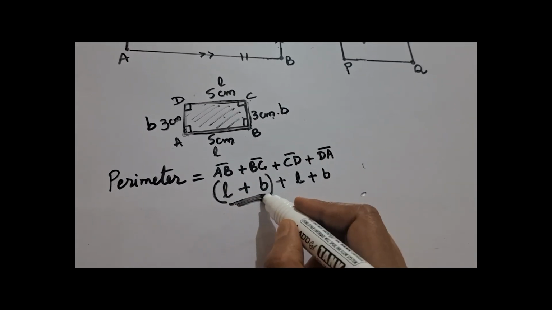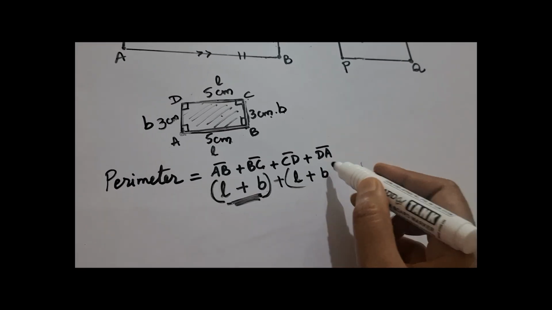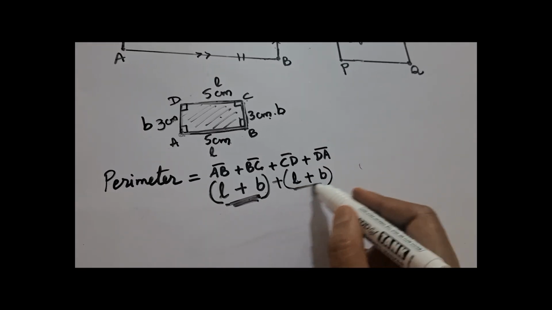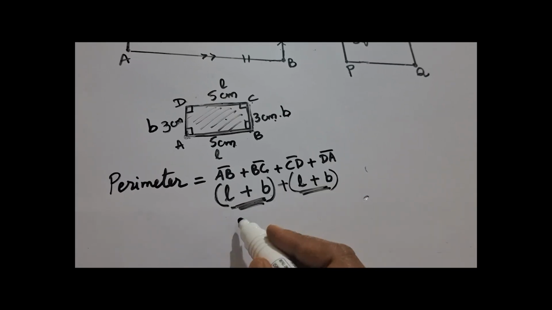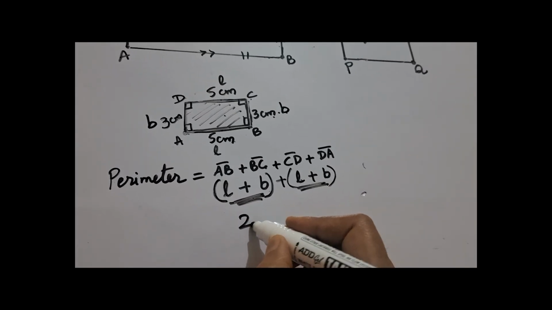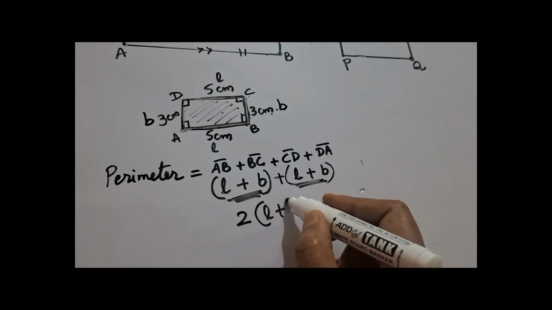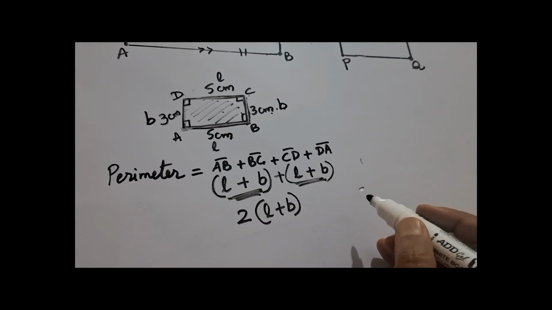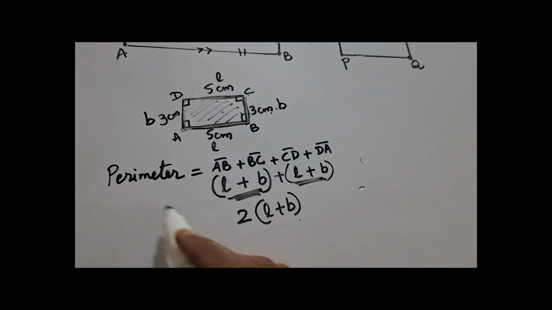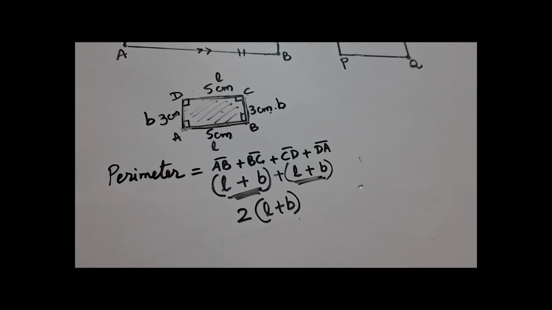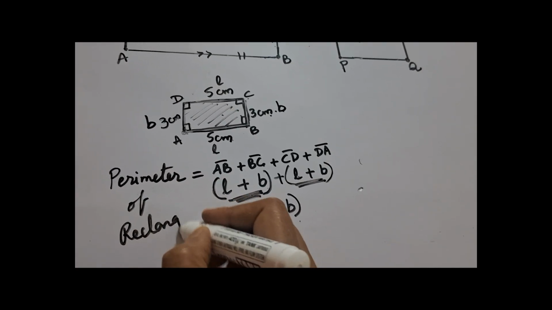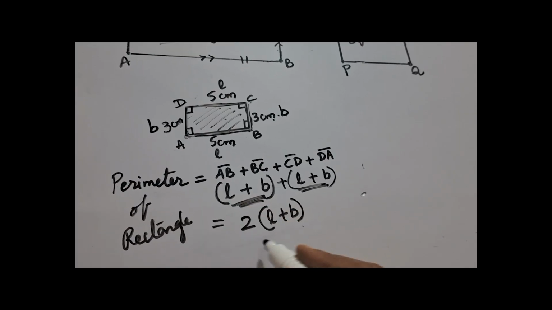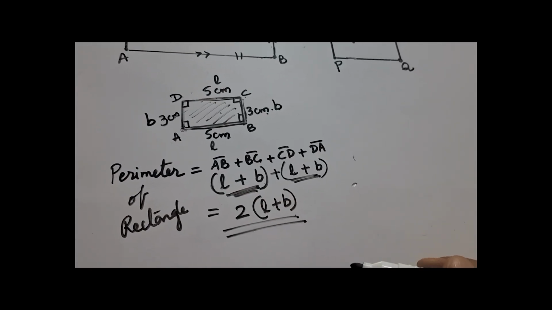But that 8 is repeating once again, L plus B plus L plus B. 2 times it is repeating, isn't it? So this can be written as 2 times of L plus B. Now, this is the formula for perimeter of a rectangle. Perimeter of rectangle is equal to 2 into L plus B.